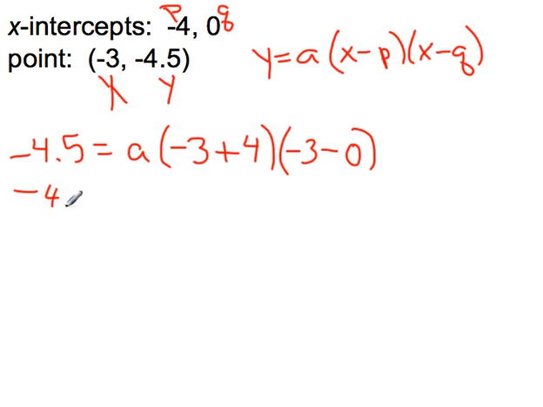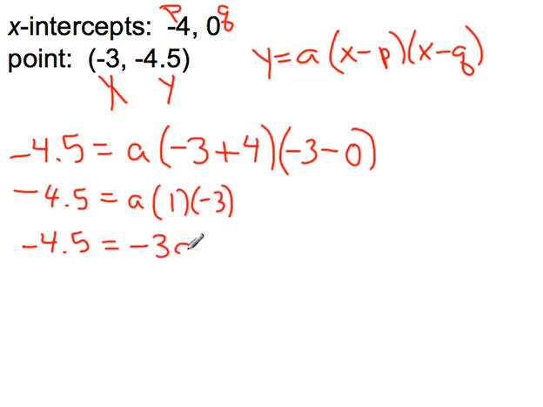We've got negative 4.5 equals a times 1 times negative 3. That's going to end up being negative 4.5 equals negative 3a. So now when I divide both sides by negative 3, I end up with 1.5 positive equals a. Okay?